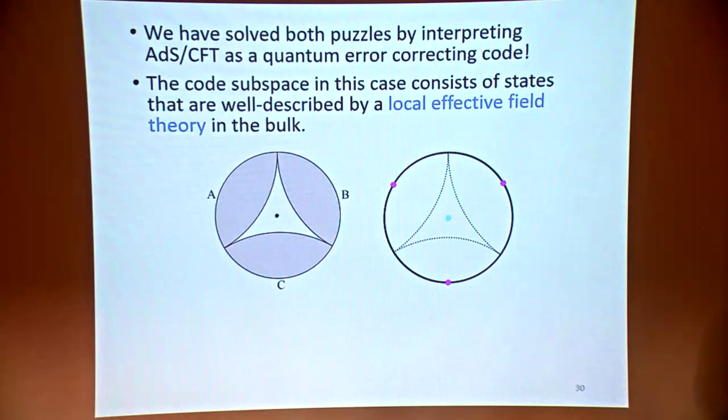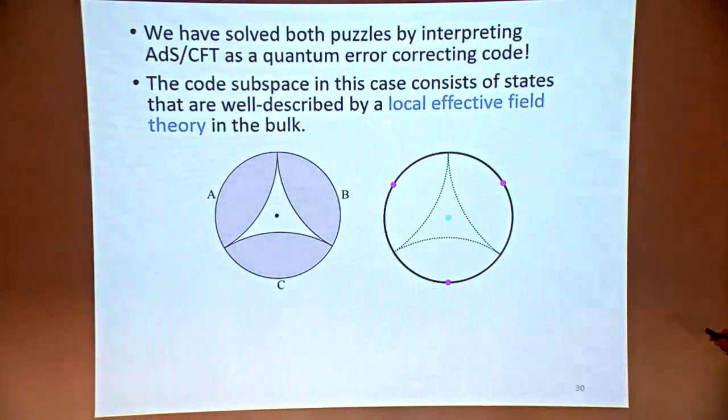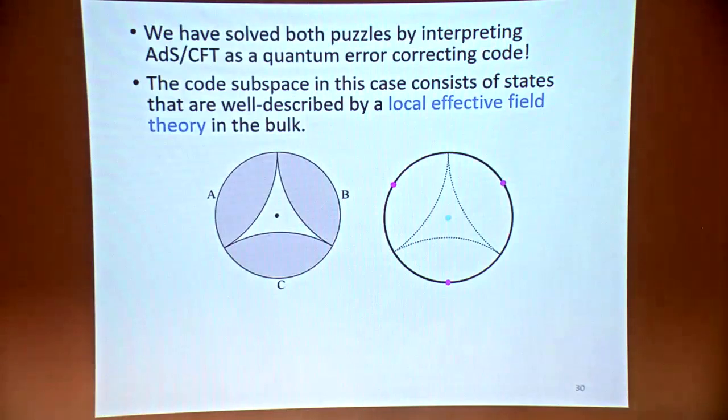That's the states, for example, the room is currently in. And those are the states which we are most used to describing because we understand how to describe them using GR plus matter fields and other couplings. However, we shouldn't expect all CFT states to behave in such a way. So only a special subspace of states belong to this class where we can use a low energy effective description.